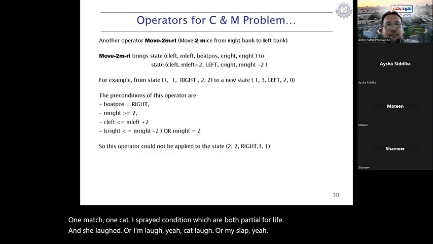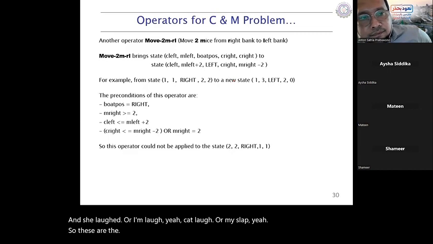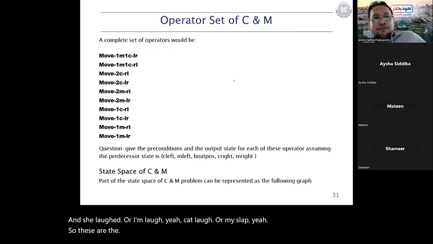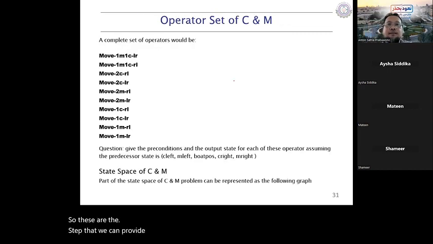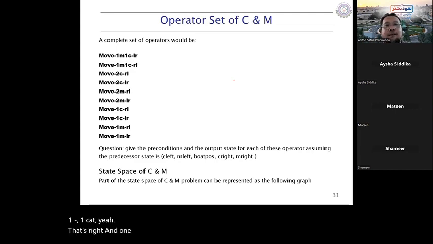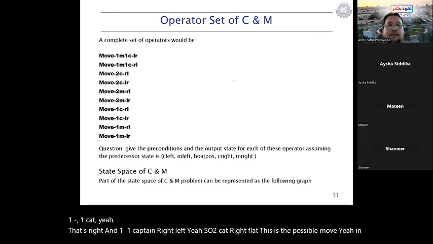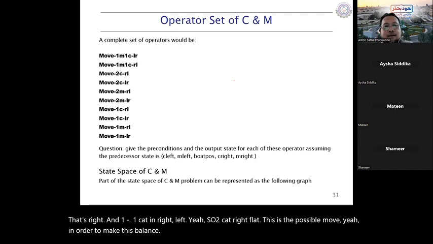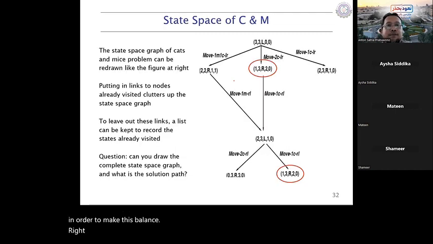These are the steps that we can provide. The complete set of operators would be: 1 mouse 1 cat left to right, 1 mouse 1 cat right to left, and 2 cats right to left. These are the possible moves to keep the balance.